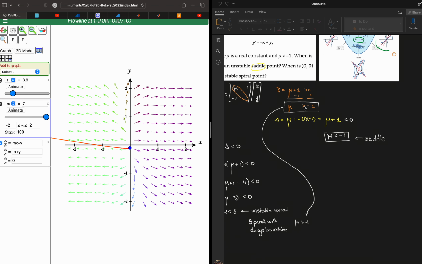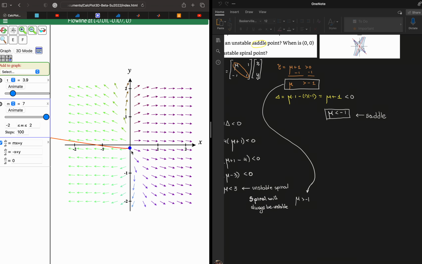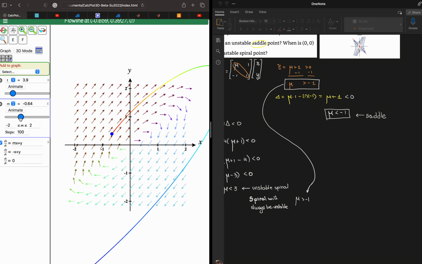But apparently that is not the case, because we set this condition and we're saying if mu is greater than -1, well, in all of these cases, mu is greater than -1. So all of these are unstable.